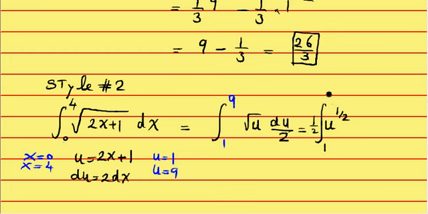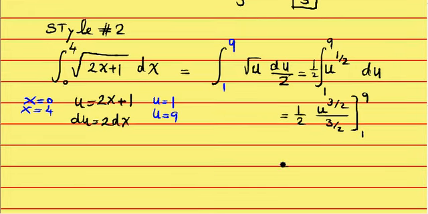We haven't integrated yet, I'm just rewriting it. 1/2 times u to the power of 1/2, which integrates to u to the power of 3/2 divided by 3/2. We don't need a constant. These 2's cancel out, this 2 and that 2 cancel out.